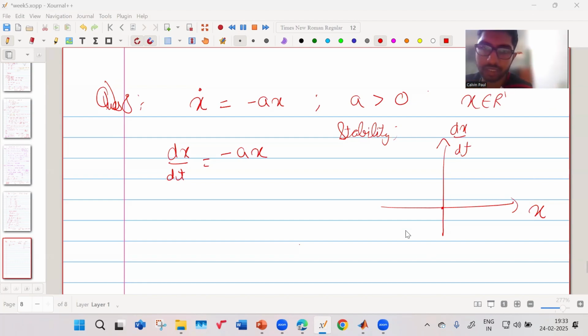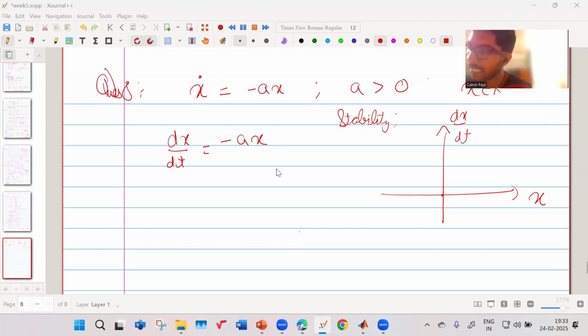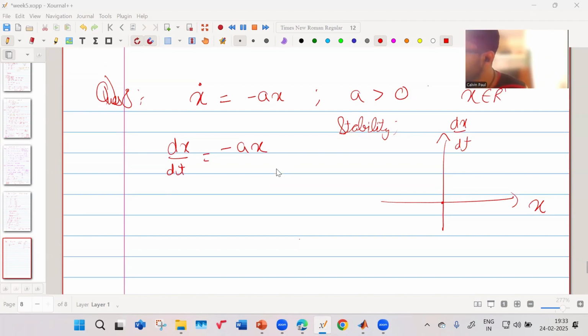This is dx/dt equal to minus ax, like y equal to mx plus c, so this will be a line like this, with the slope of minus a. So this is our line.